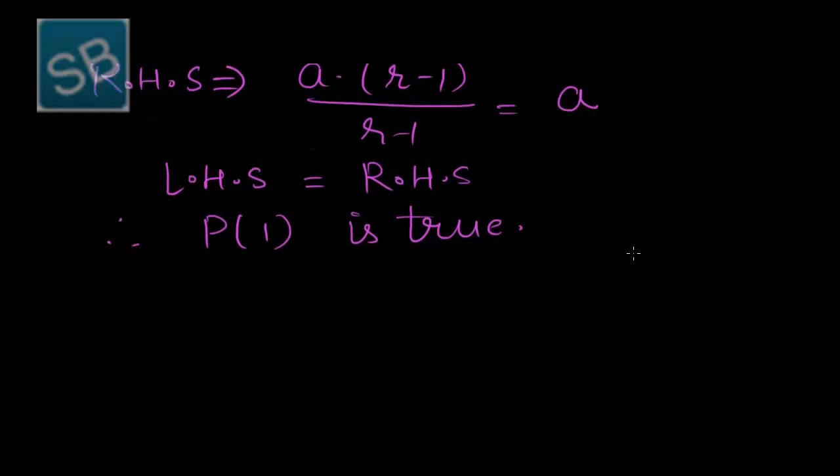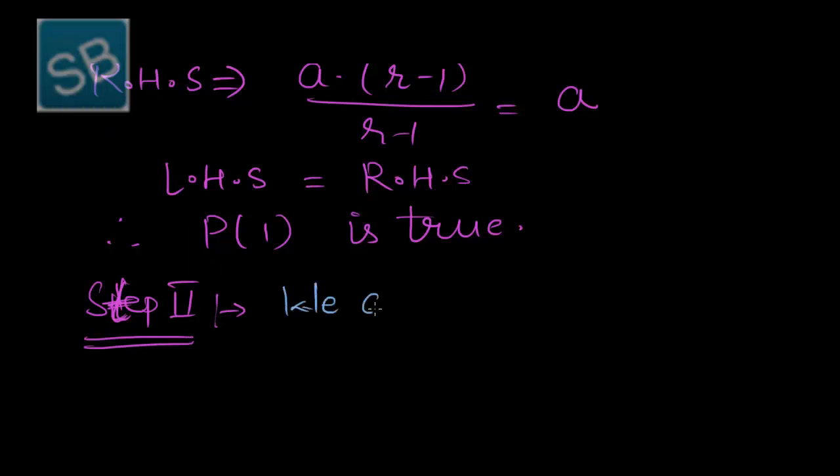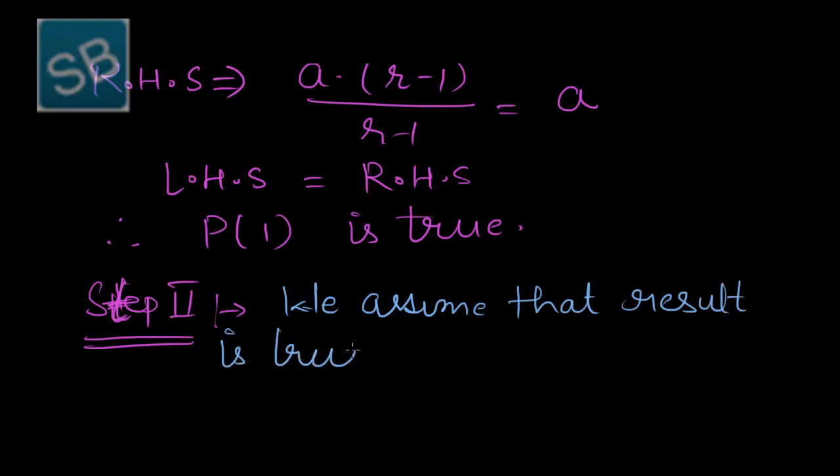Now the step 2 is, we assume that result is true for n is equal to k.